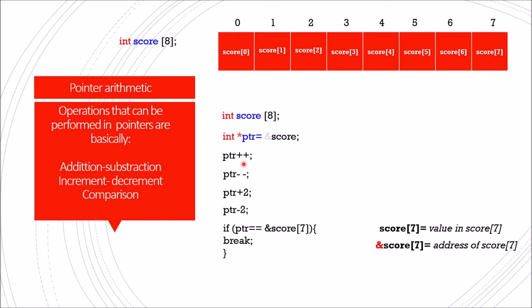So for instance, let's say that your pointer points to the first position here in this array, and you perform the operation of increment. Remember that the pointer means that it has an address. So if you increment here, what you are actually incrementing is the address of that pointer. So it will increment to the next address in memory, and so on and so forth, depending on whether the operation is decrement or increment.